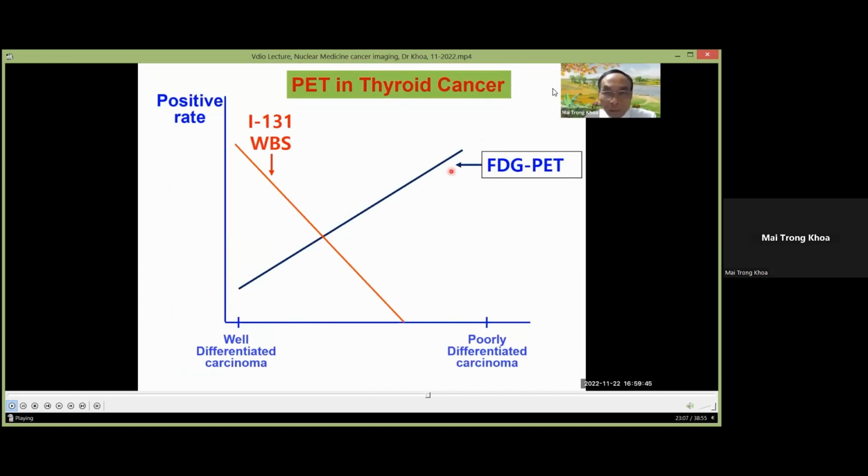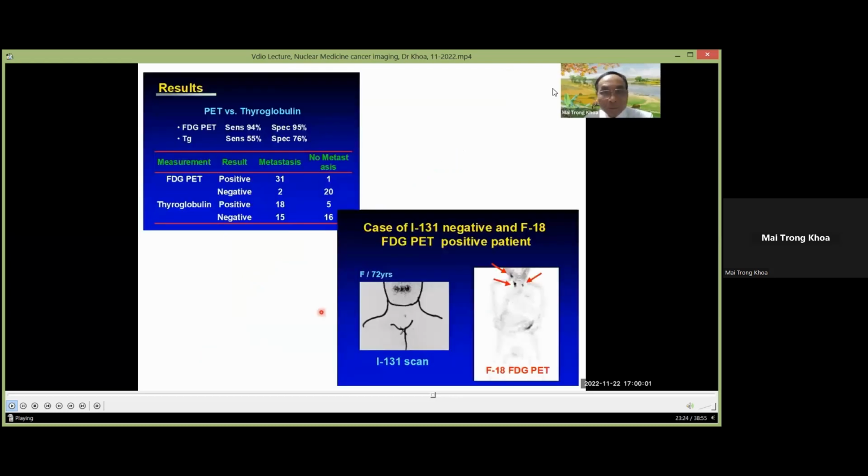This is the best FDG value, compared with iodine whole body scintigraphy, which you can see here is very low. And PET has higher sensitivity and specificity than thyroglobulin concentration.